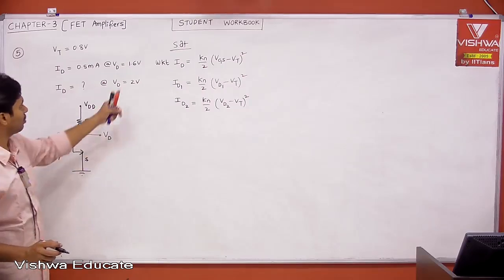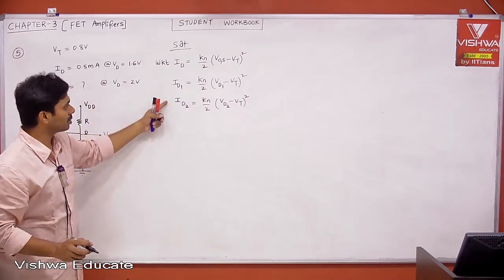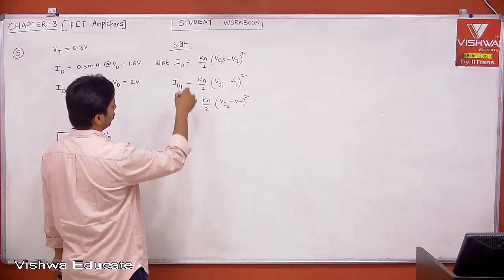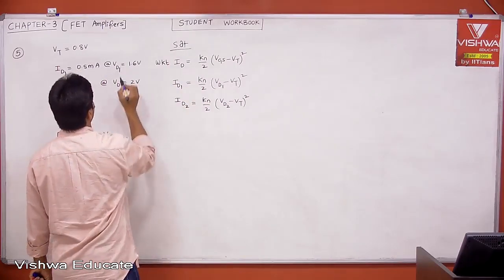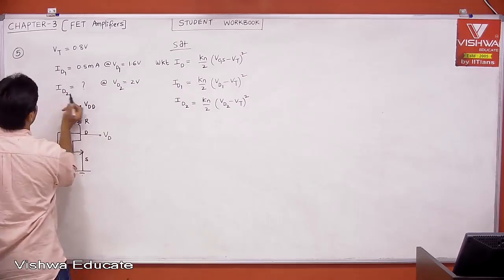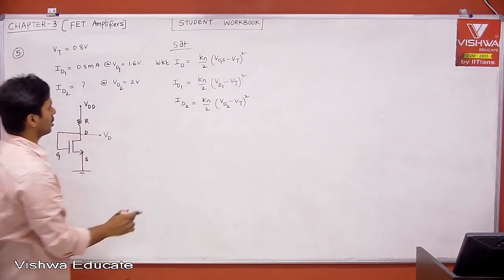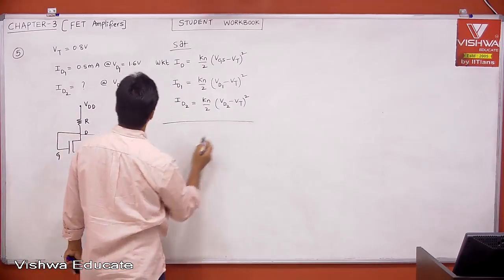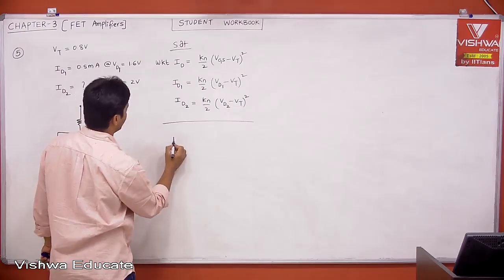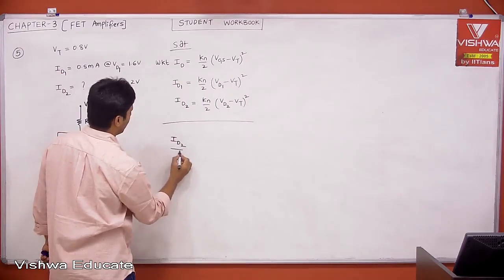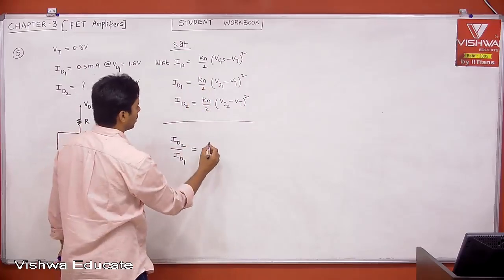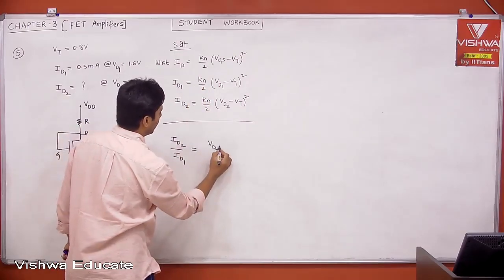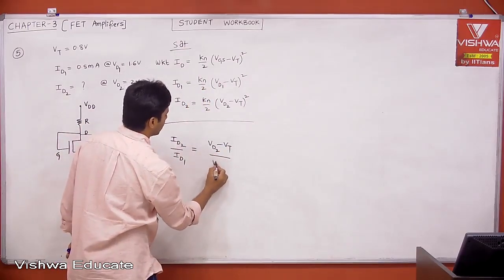When VGS is changing from 1.6 to 2, your ID also will change, right? Then take the ratio. Call this ID1 and the ID for VD2. Take the ratio ID2 divided by ID1. Kn/2 will be cancelled. Then it is simply (VD2 − VT) whole square divided by (VD1 − VT) whole square.